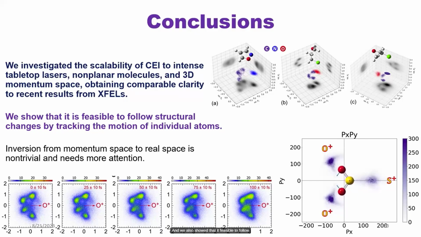We also saw that it's feasible to follow structural changes by tracking the motion of individual atoms within the molecules. Of course, the inversion from momentum space to real space is non-trivial and needs more attention. Our group and a few other groups are also working on this. But even in momentum space, it gives a nice intuitive image of how the molecule moves as a function of time.